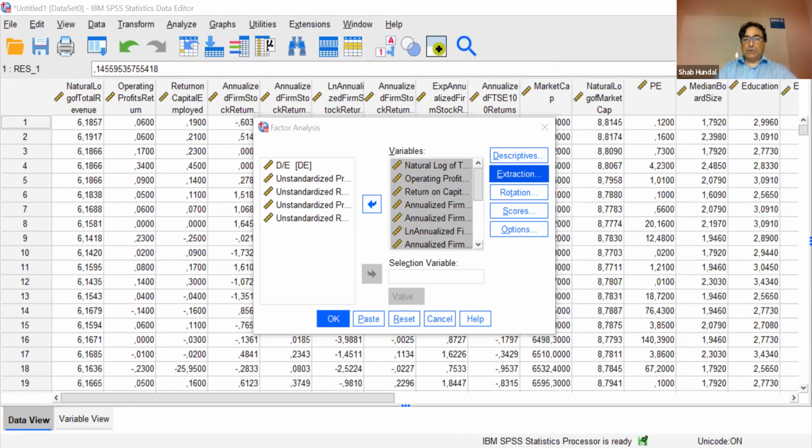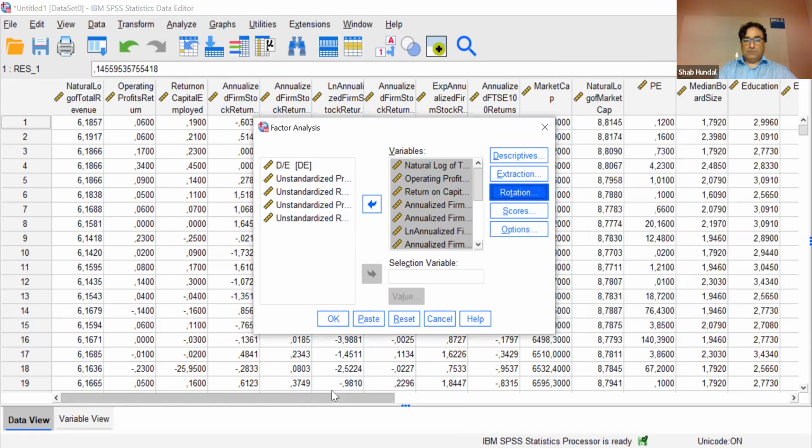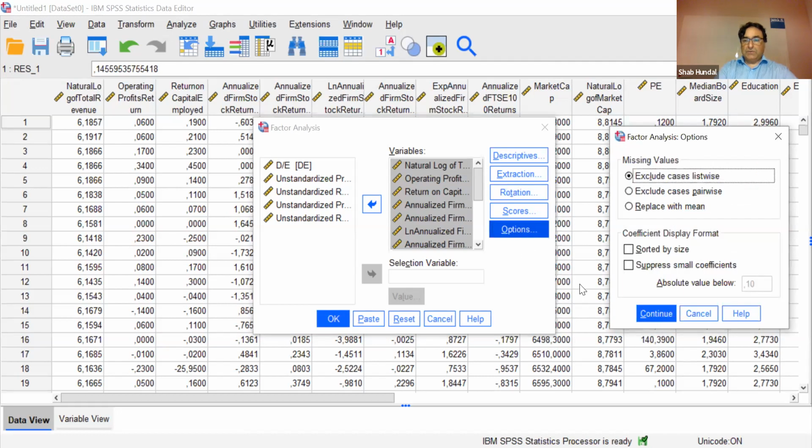And then the next thing is rotation. And here, we pick up Varimax, and a rotated solution is fine, and we continue. And then in almost the last stage, in the options, we may choose very small values. Basically, if the factor's value is too small, we don't take it.